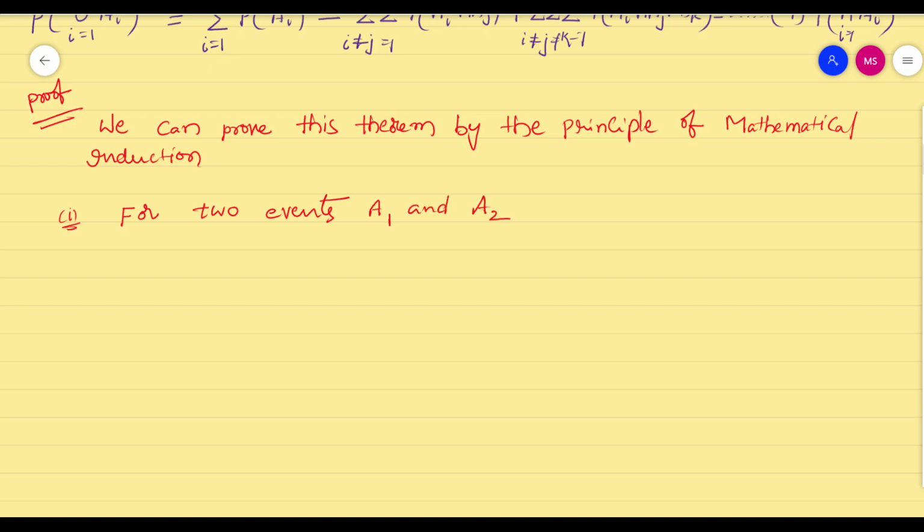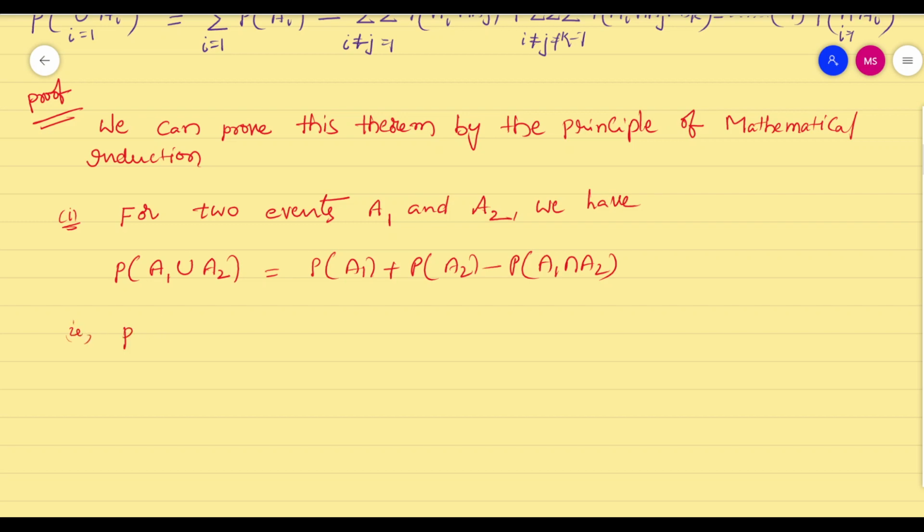For two events A1, A2, P of A1 union A2 is the addition theorem for two events. So what is the formula? P of A1 plus P of A2 minus P of A1 intersection A2.